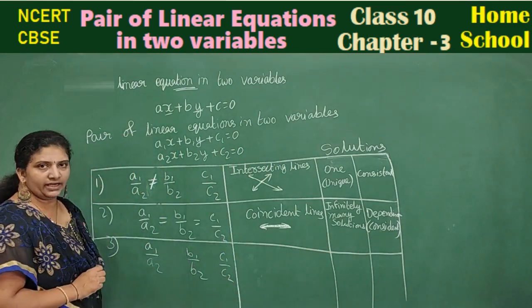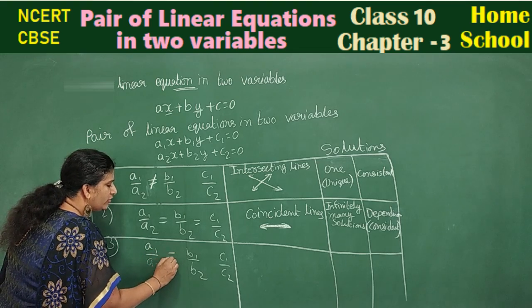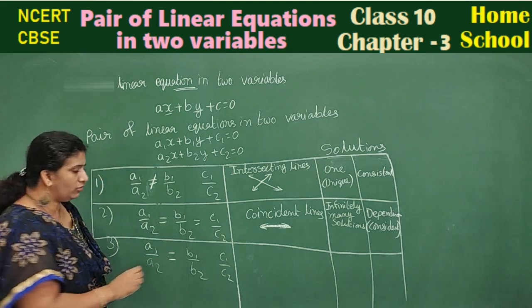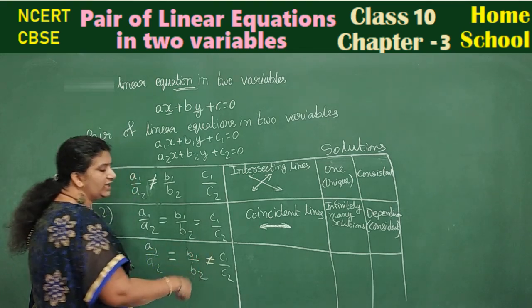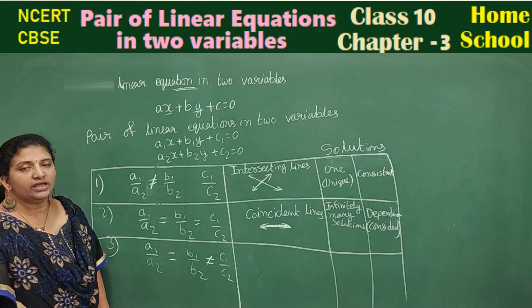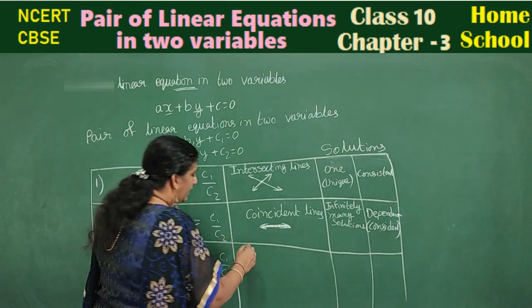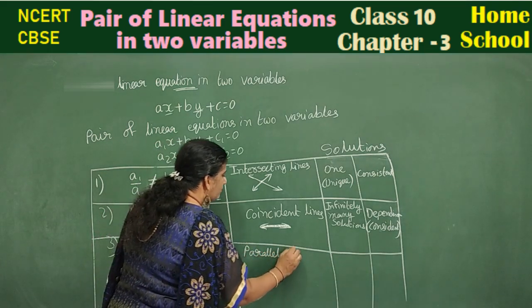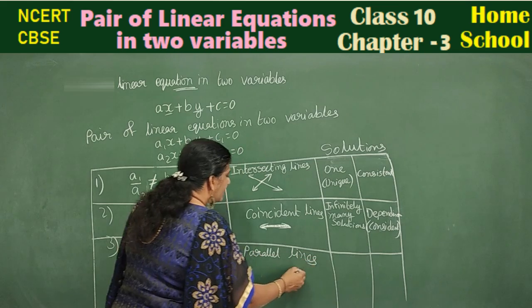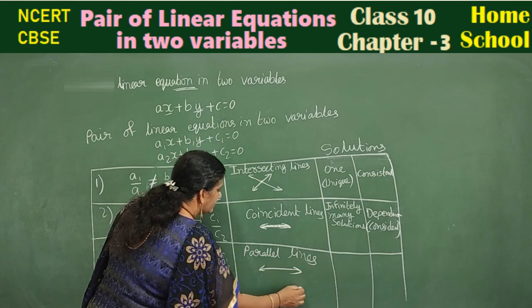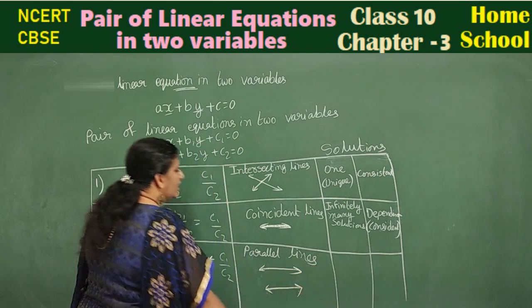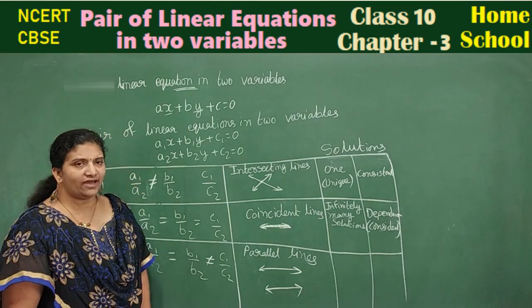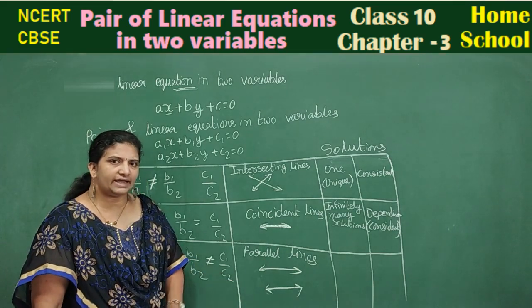Next, coming to the third case, if a1 by a2 is equal to b1 by b2 and is not equal to c1 by c2, then the two lines will be parallel. That means parallel lines, and the lines look like this on a graph sheet. How many solutions do they have? Are these two lines intersecting at any point?